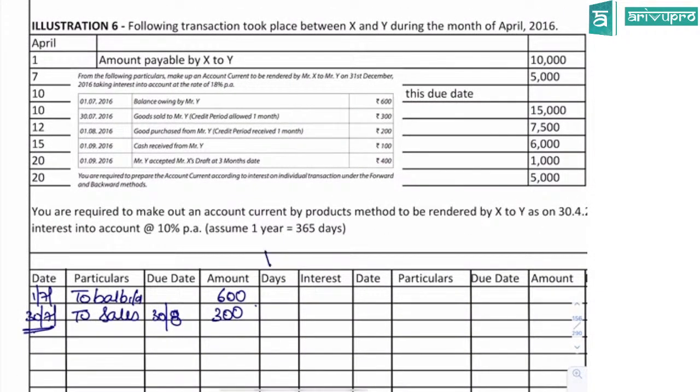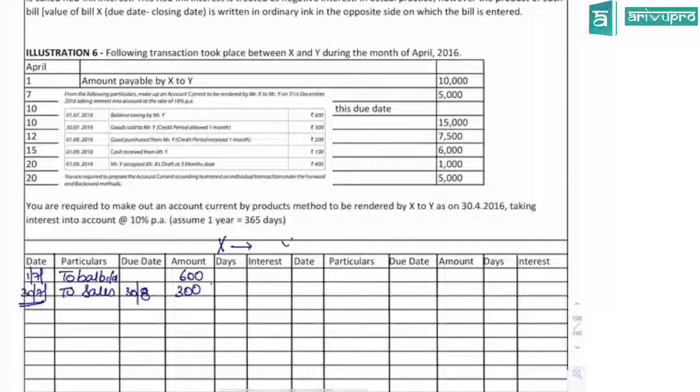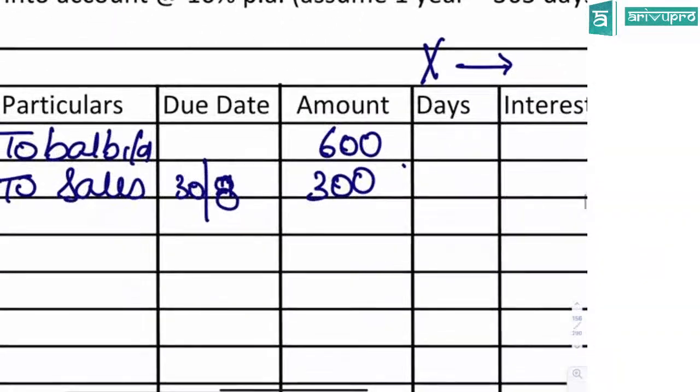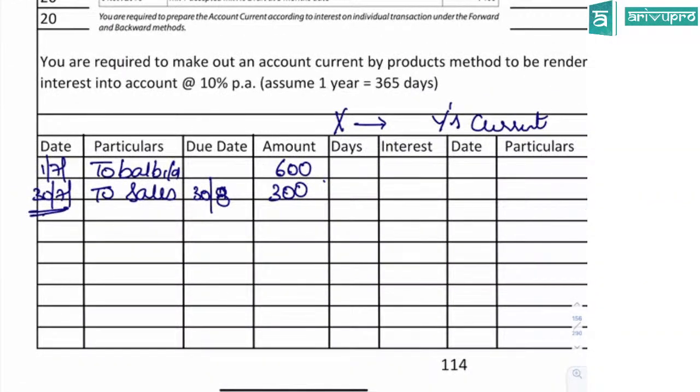Because we are doing X, right? For X, we are preparing Y's current account. So guys, what is it going to be, debit or credit? So that's why I've written it on the debit side.